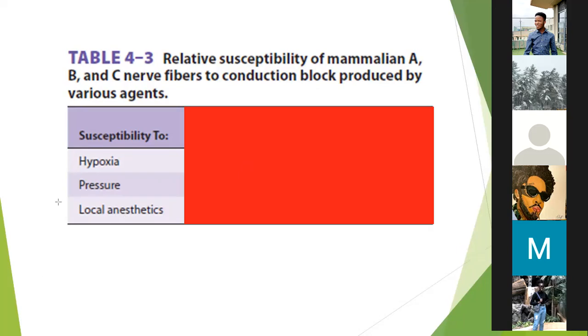Now, the response to all these noxious stimulation, noxious, it is something that is not good for you. So hypoxia is not good for the nerve, pressure is not good, the anesthetics are not good. But their response by the individual fibers will depend on which fiber we are talking about.